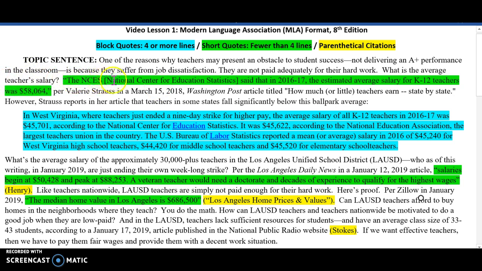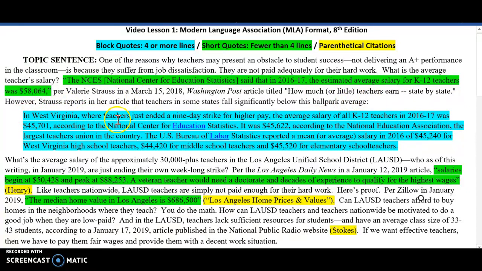The NCES, National Center for Education Statistics, said that in 2016-17, the estimated average salary for K-12 teachers was $58,064 per Valerie Strauss in a March 15, 2018 Washington Post article titled, "How Much or Little Teachers Earn State by State." However, Strauss reports in her article that teachers in some states fall significantly below this ballpark average.